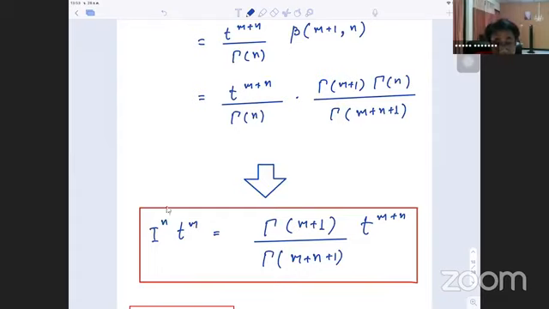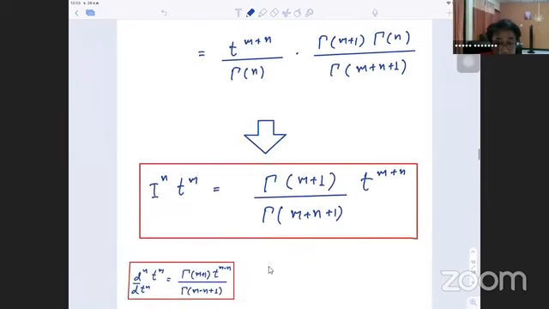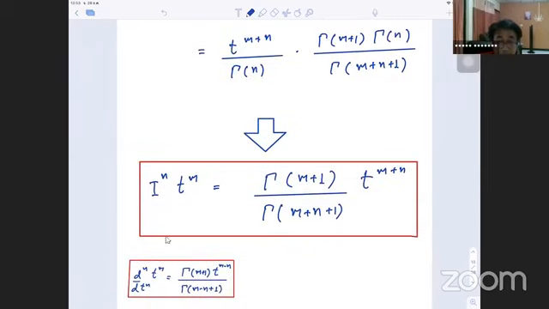If we replace n by minus n, this minus n, this minus n, then we have the formula of fractional derivative. This is the formula of integration. Integration is positive. But for the formula of derivative, this is minus.